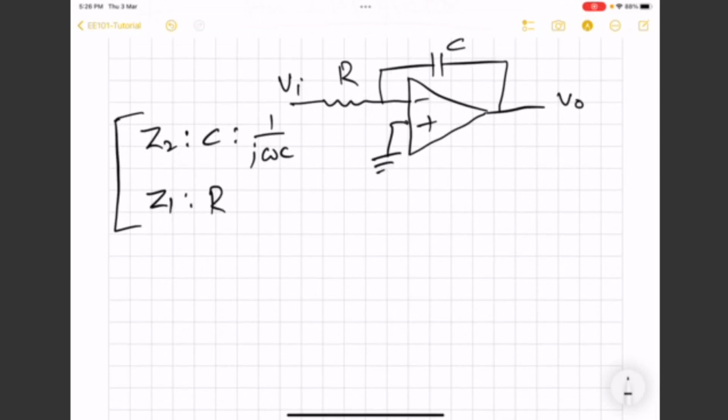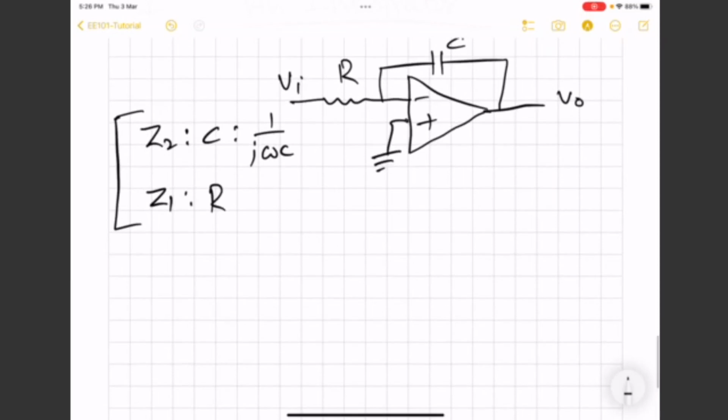And this V plus node will be grounded in the simpler version. So now we have a circuit, and we want to know the relation between this input, which will be in general time varying, and this output, which is also time varying.